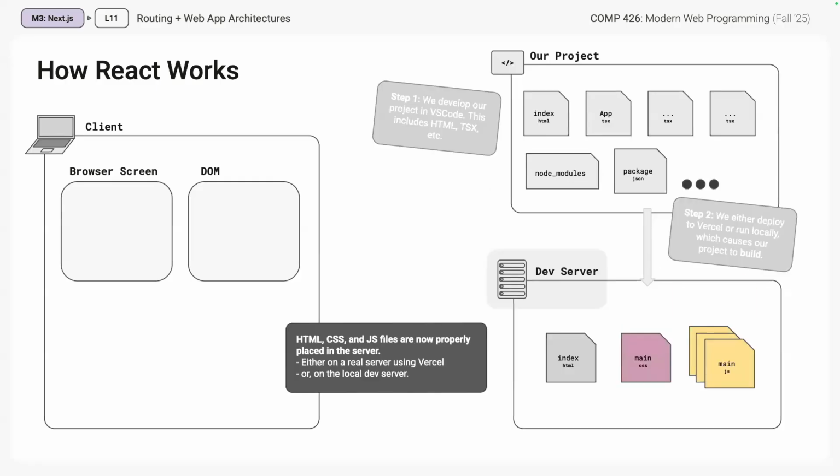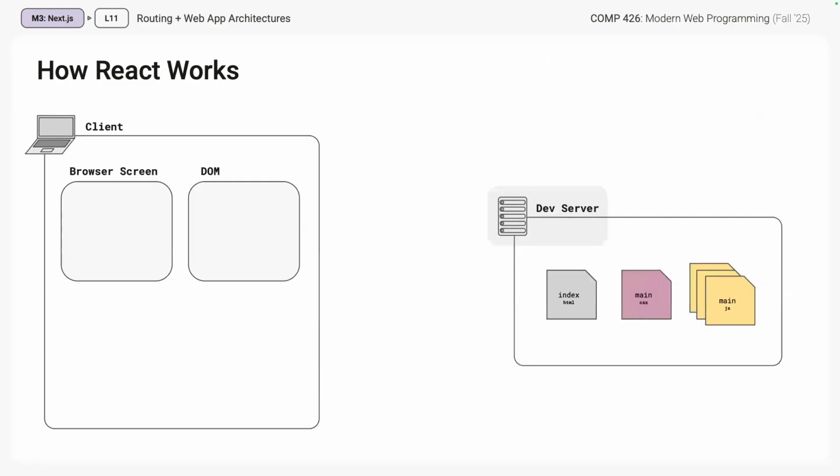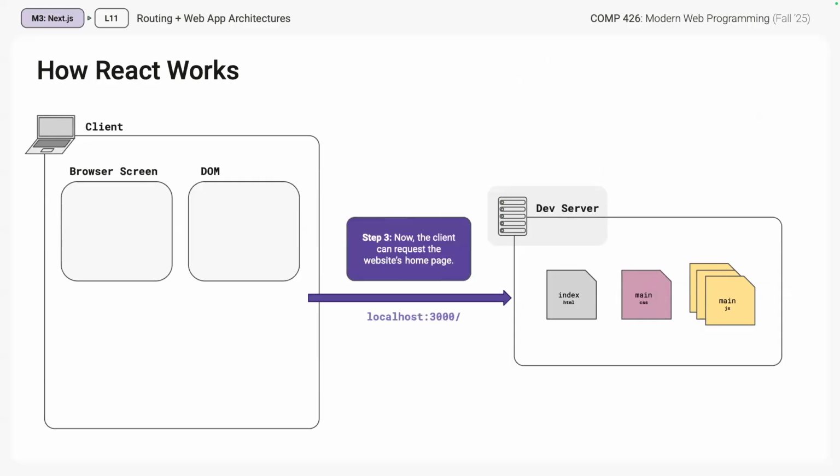So now that we've built our project, I'm going to just remove that part. Now we're just left with our client and our server. This is the same foundational model we introduced all the way in the first lecture. And so what happens when we load, I use localhost here, but it could be a real URL as well, what happens when we request our homepage on this site?